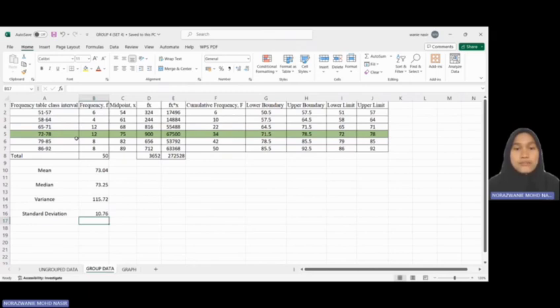So next we go to cumulative frequency. Cumulative frequency is the number of frequency added with the number after that and so on.